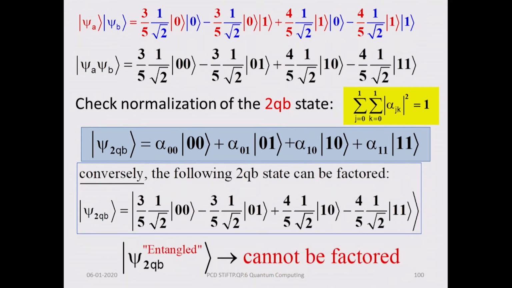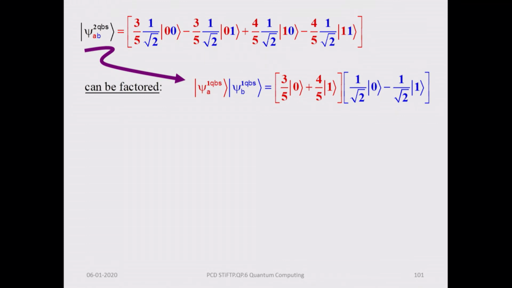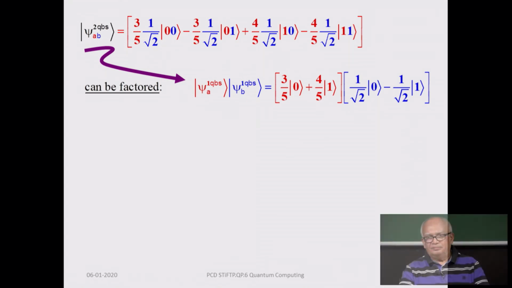So, that will lead us to identifying when such a factorization cannot take place, which will give us the description of entangled qubits. So, this state that we have built can actually be factored. So, let us begin our argument at this point, that this is a factorizable state.